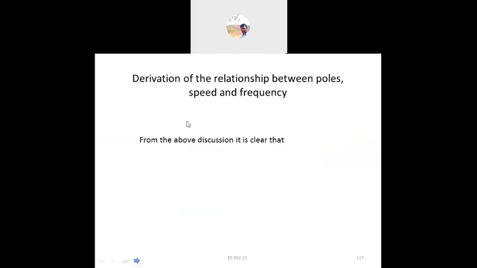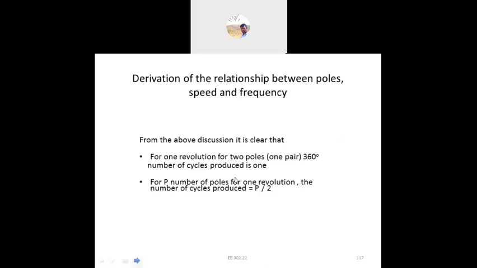So here the main thing is the derivation of the relation between the poles, the speed and the frequency. For one revolution, one full rotation of 360 degrees, one pair of poles gives one cycle, and for P number of poles, one revolution gives P by 2 cycles.